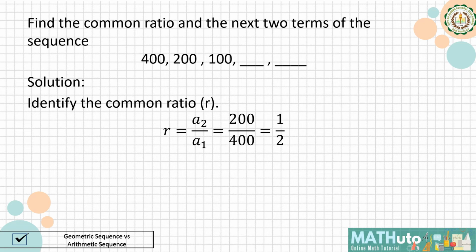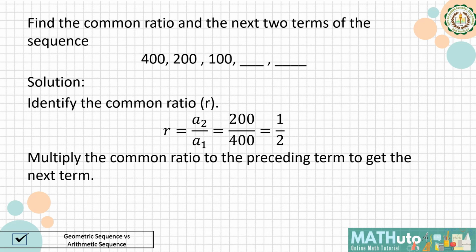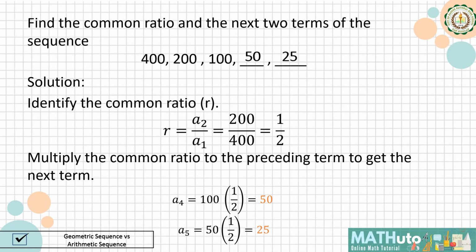Thus, the common ratio is 1/2. Then, multiply the common ratio to the preceding term to get the next term. Therefore, a sub 4 is equal to 100 times 1/2, that is 50. And a sub 5 is equal to 50 times 1/2, that is 25. Meaning, the next two terms in the sequence are 50 and 25.